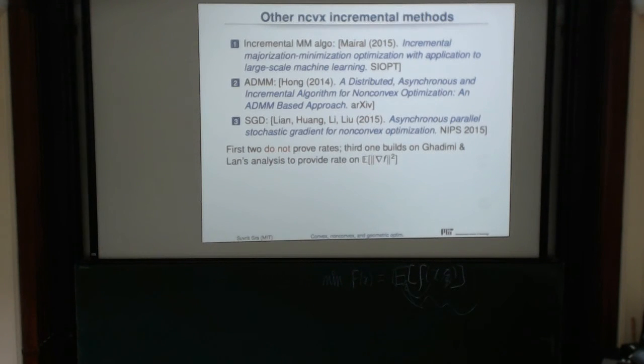For ADMM, these too can go to stationary points, and then a parallelized version of the previous slide is in this recent paper. So it's a very active area of research to understand large-scale non-convex methods better.